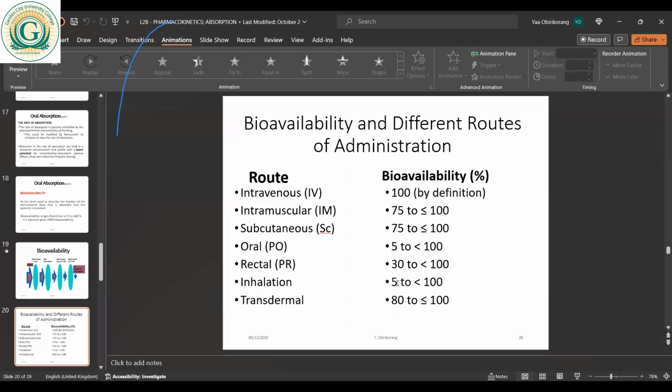The inhalational 5 to 100%. The transdermal 80 to 100%. Let me show you a slide so that you understand what I'm talking about. So you can have the bioavailability if you happen to have the pharmacokinetic profile of the drug.